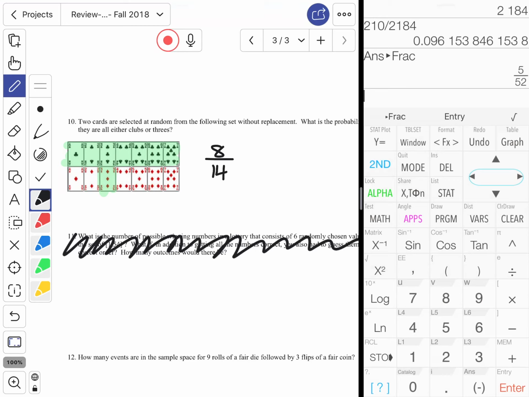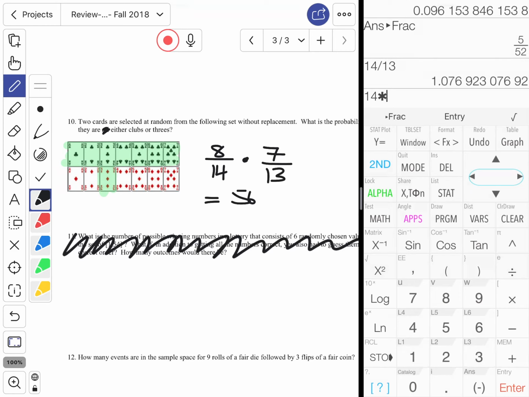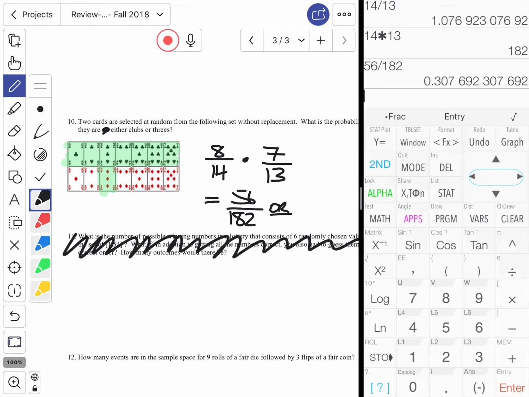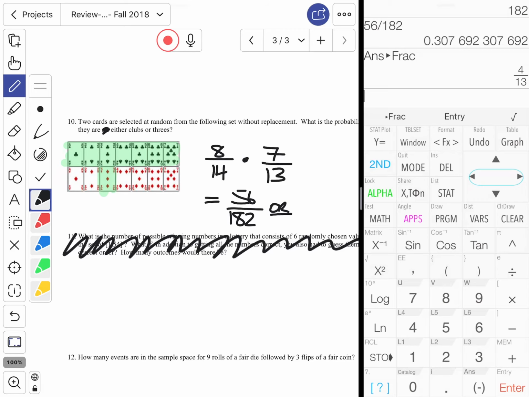All right, so 8 out of 14. So once I select one of them, I only have 7 left out of 13. So 56 over 14 times 13, which is 182. Both even, so it'll reduce. Four out of 13.